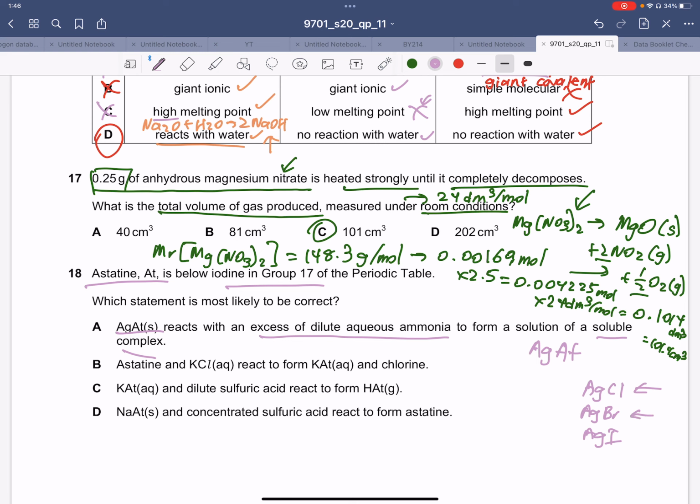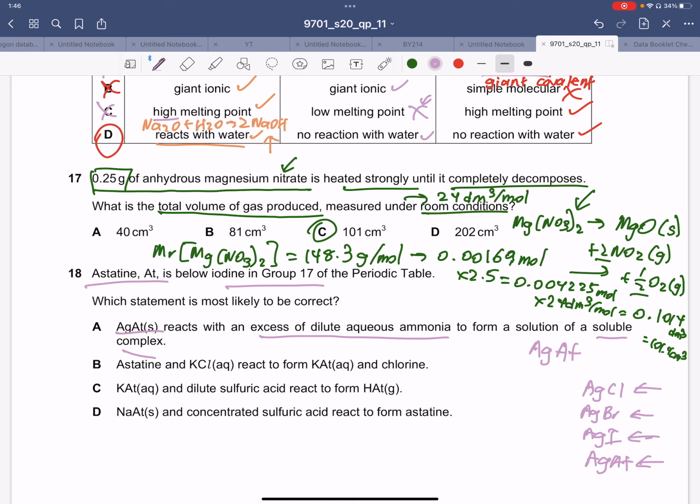This would partially dissolve into a partially colorless solution. It would be slightly yellow with AgBr and dilute aqueous ammonia, and then this just won't. It'll always stay solid. AgAt is below AgI, so this will stay solid no matter what amount of ammonia you put in it.